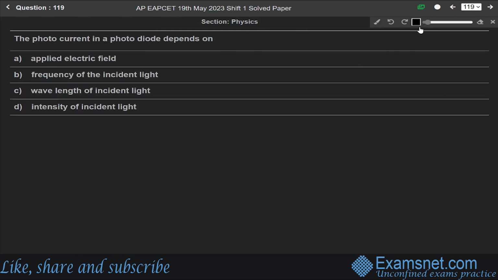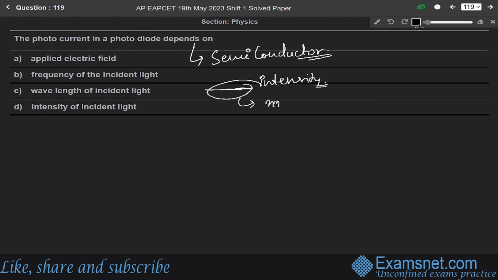Now next question 119. The photocurrent in a photodiode depends on. Okay. So this question is again from the chapter of semiconductor. So we have to find the correct answer from these four options. More intense light means a beam with more photons. If the light has more intensity, we can say that this light consists of a larger number of photons.